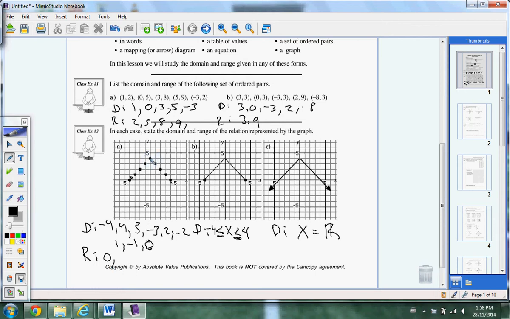Okay, that's the top. Okay, what's about in between there? 3. Okay, good. 1. So 0 to 4, right? 0, 1, 2, 3, and 4. Very nice. Okay, Alex, what do you think the range is for B?